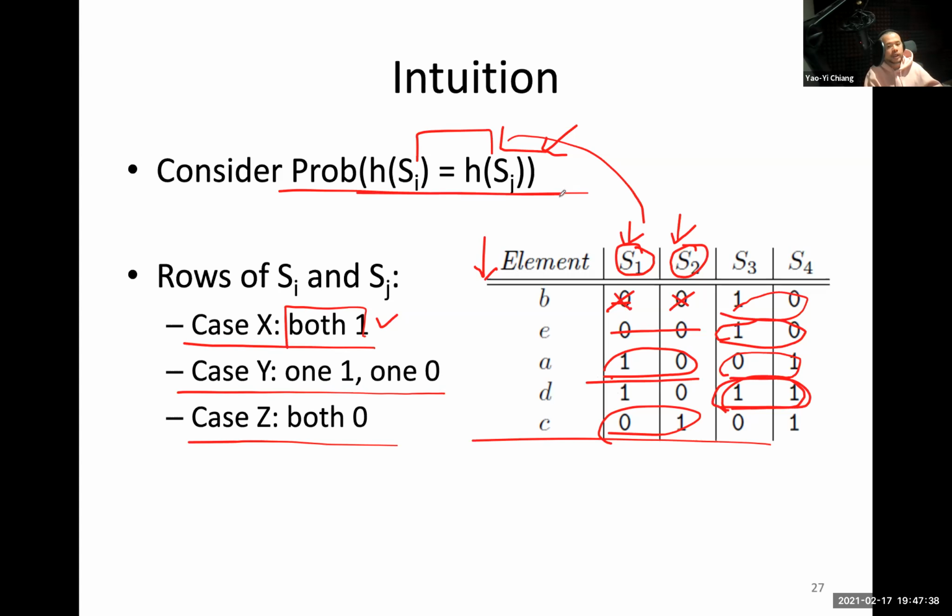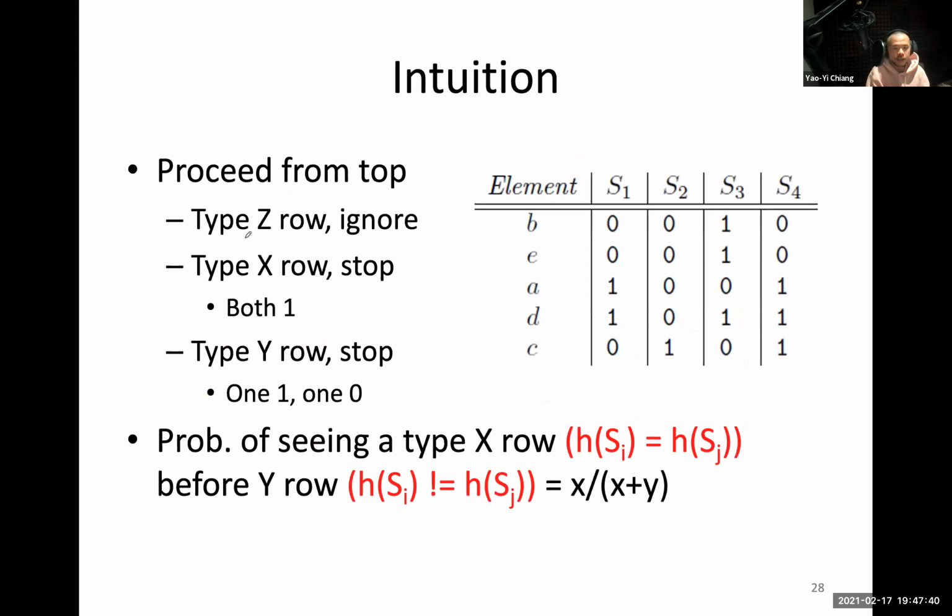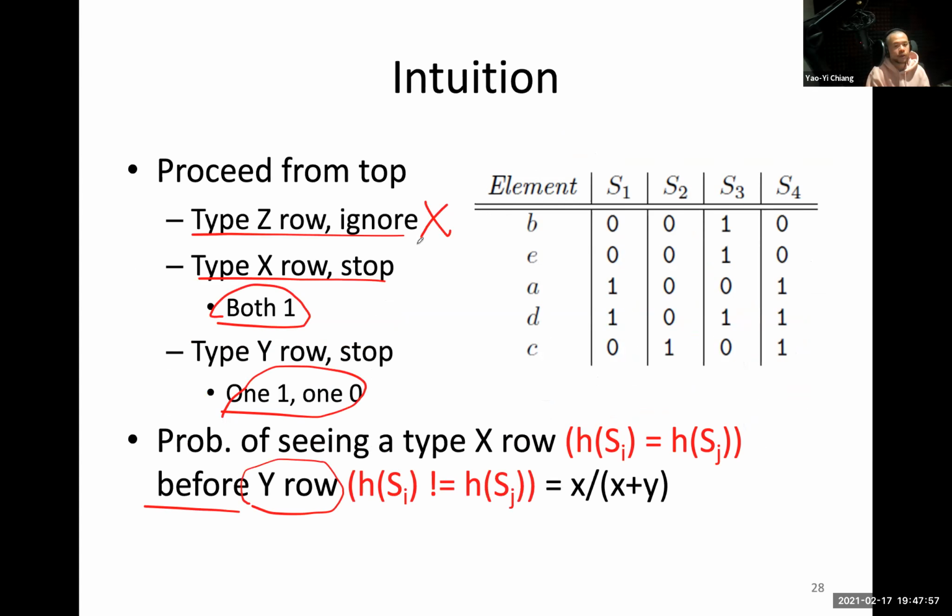So our goal is to be able to see type X rows, both ones, before we see any of the type Y rows, 1, 1, and the other one 0, right? Do we care about Z? No, we don't care about Z, because if we have Z, we just ignore it.